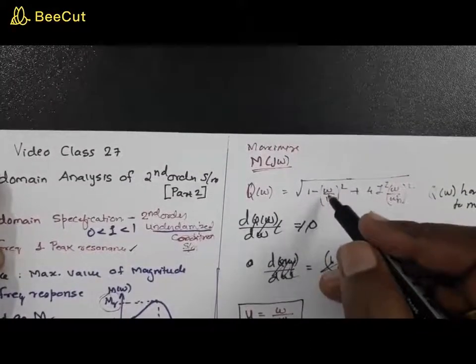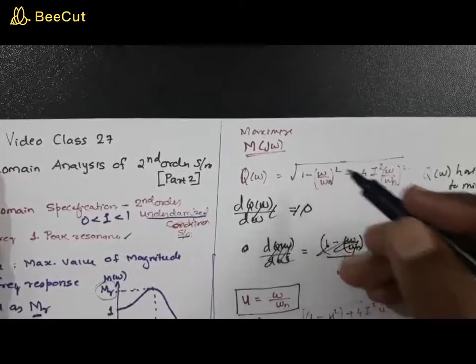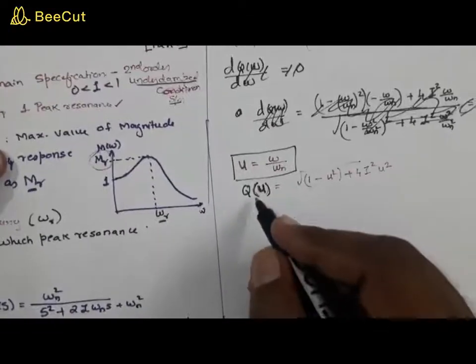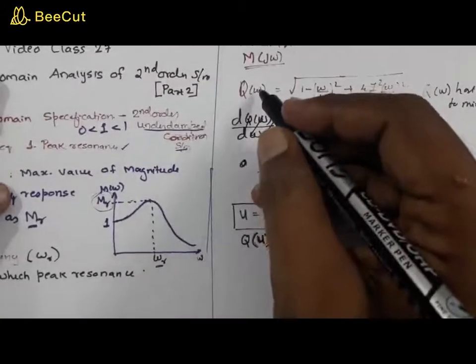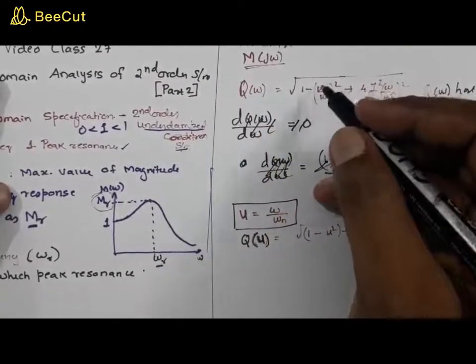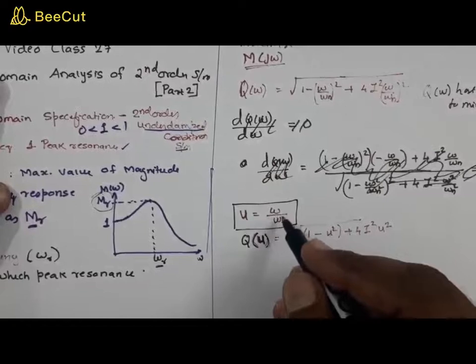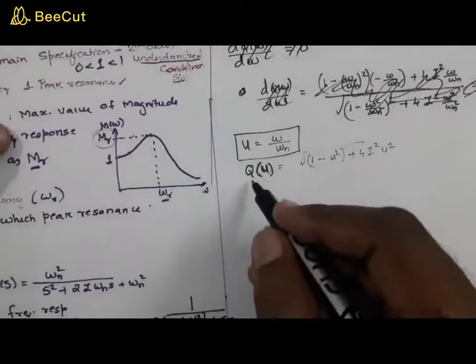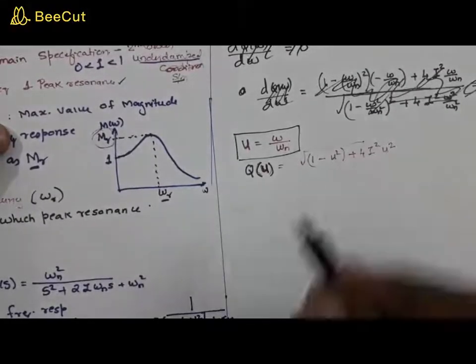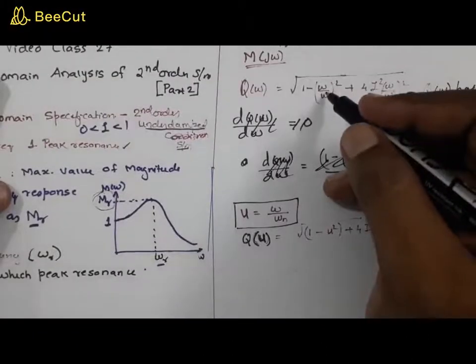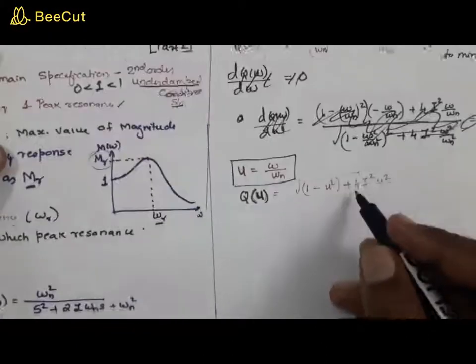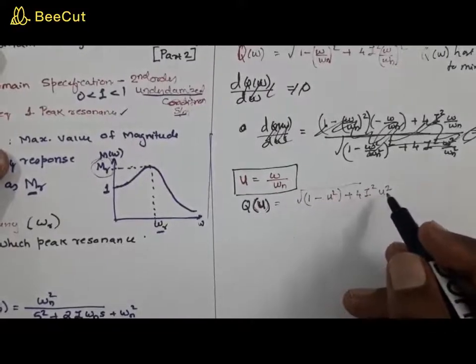I am assigning another variable for this omega by omega n, since omega n is a constant. So substituting that, you will get Q of u is equal to root of (1 minus u square) whole square plus 4 zeta square u square.